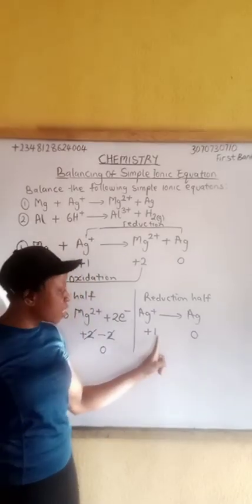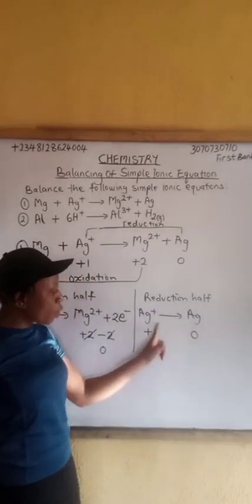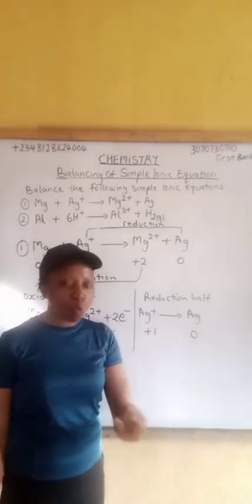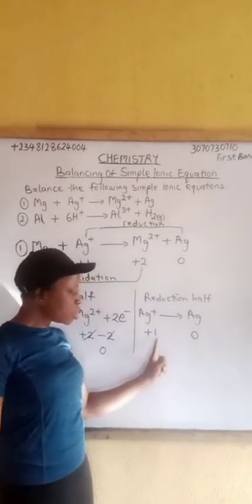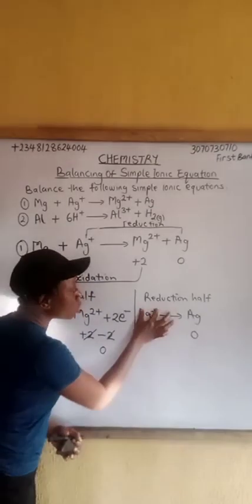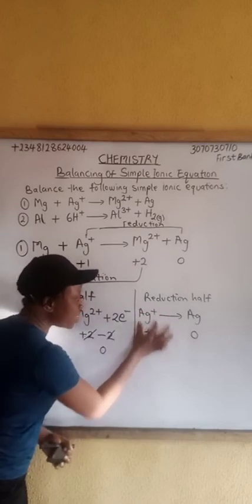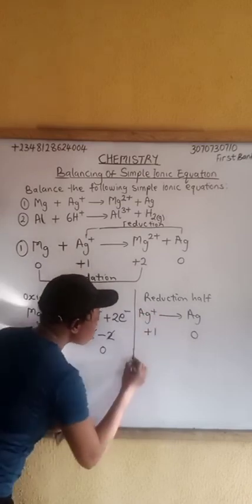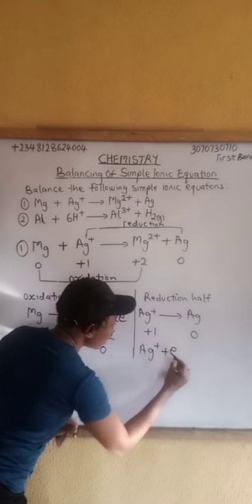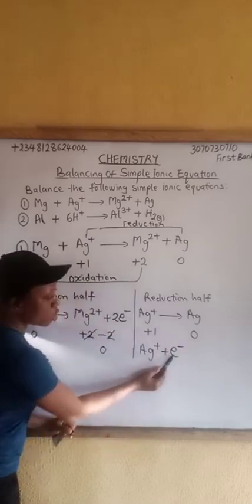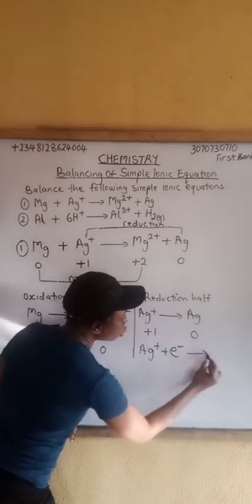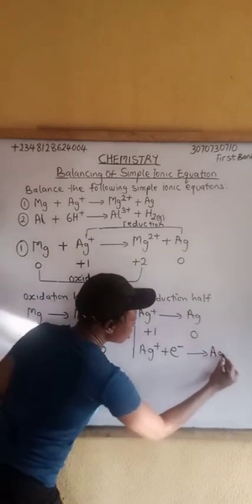We have plus 1 here. What will I take away from plus 1 that will give me 0? I will minus 1. So you are going to subtract an electron from this side. That will be Ag+ plus e- equal to what you have at the product side.